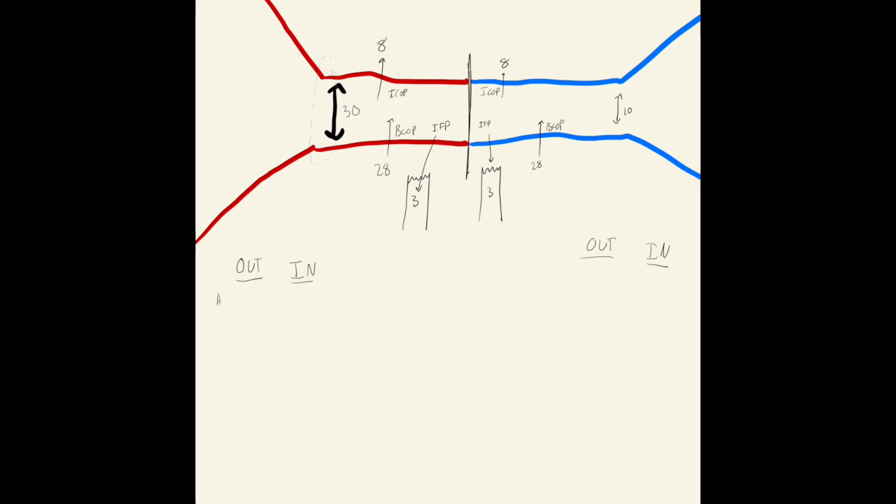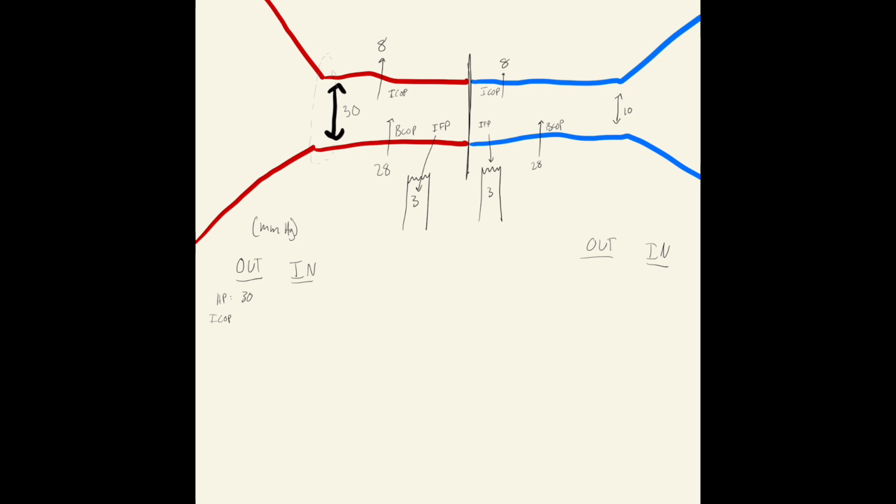So if we talk about hydrostatic pressure, we will see it as an opportunity for things to move out at 30. So hydrostatic pressure is 30 out.